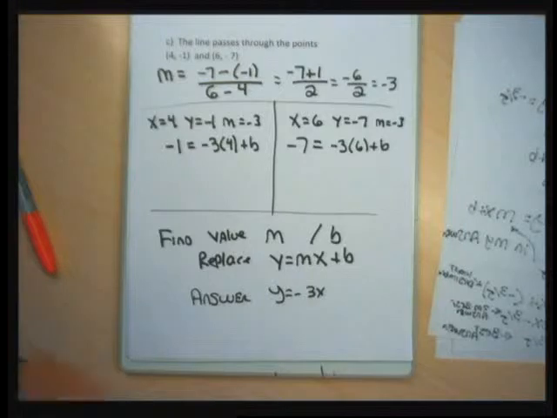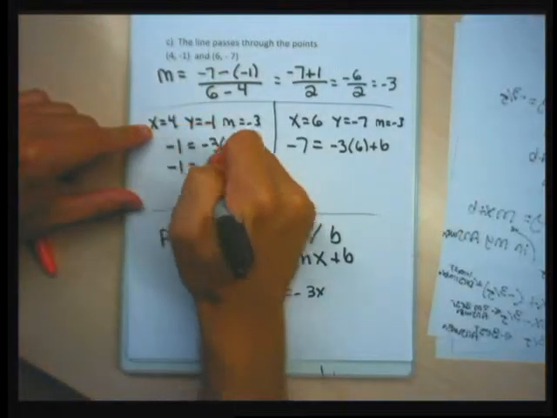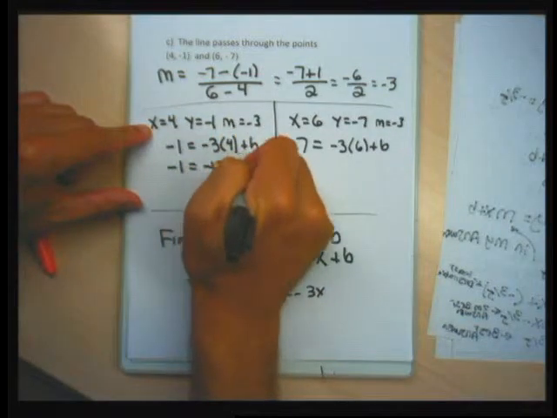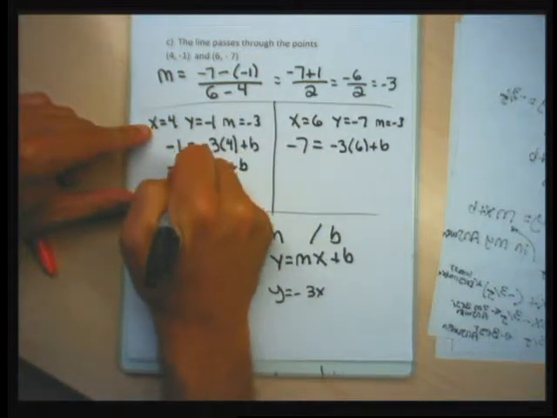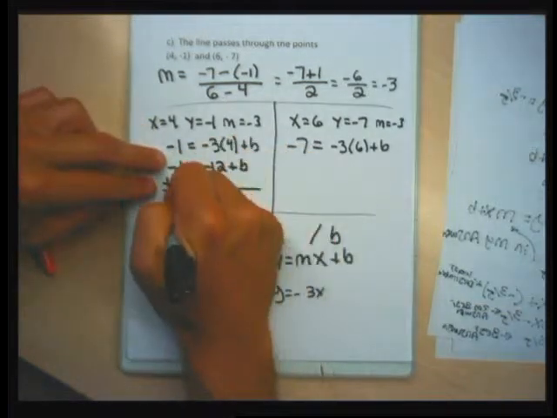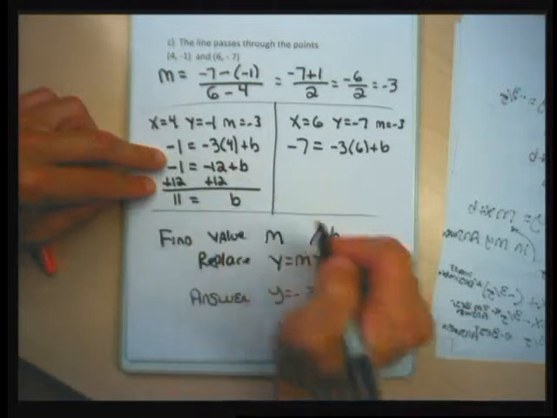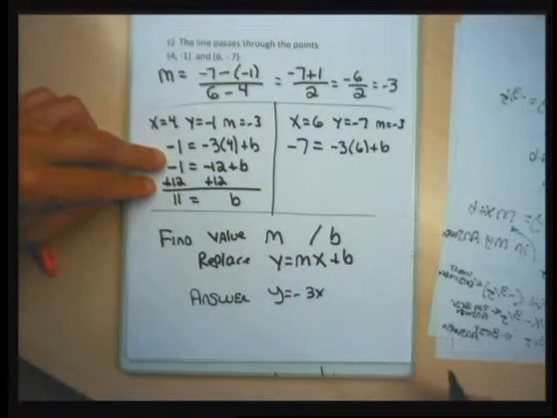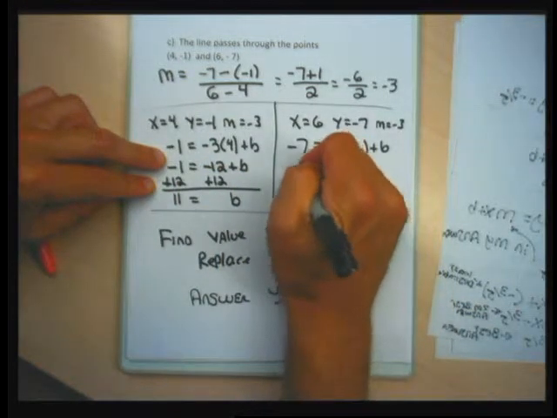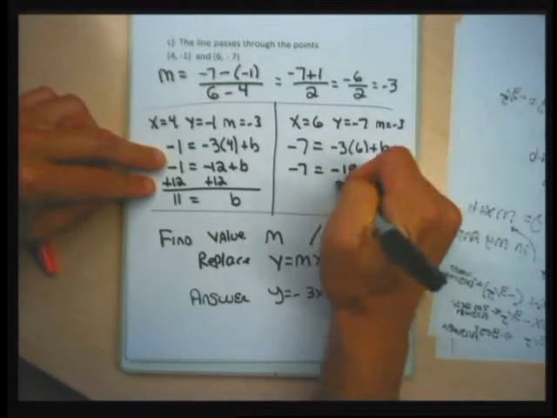Both computations, regardless of the point that you pick, are going to give the same value for b for my answer. Using the first point in the equation y equals mx plus b, you get minus 1 equals minus 12 plus b. You add 12 to both sides. The 1 and the 12 have opposite signs, so I have to subtract and take the sign of the larger. I get a positive 11. The other version, using the second point, you get minus 7 equals minus 18 plus b.